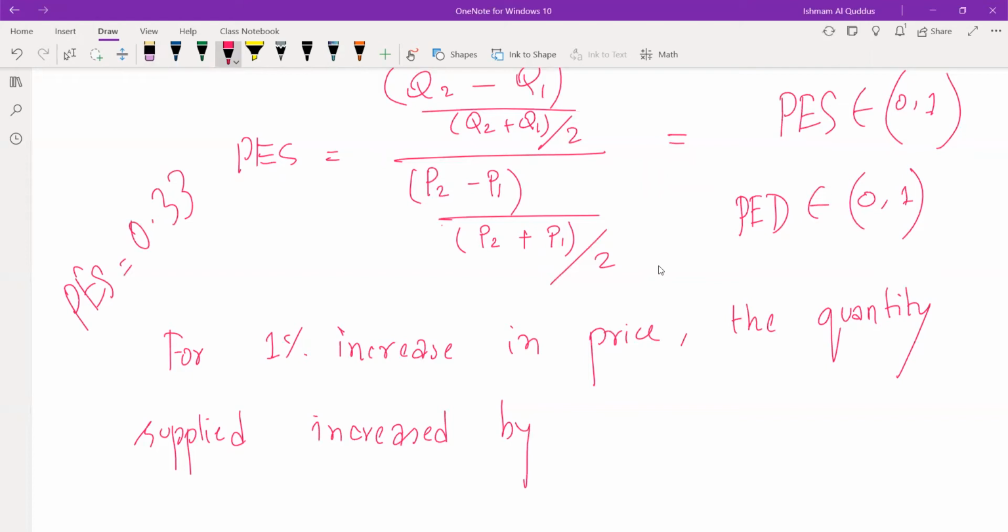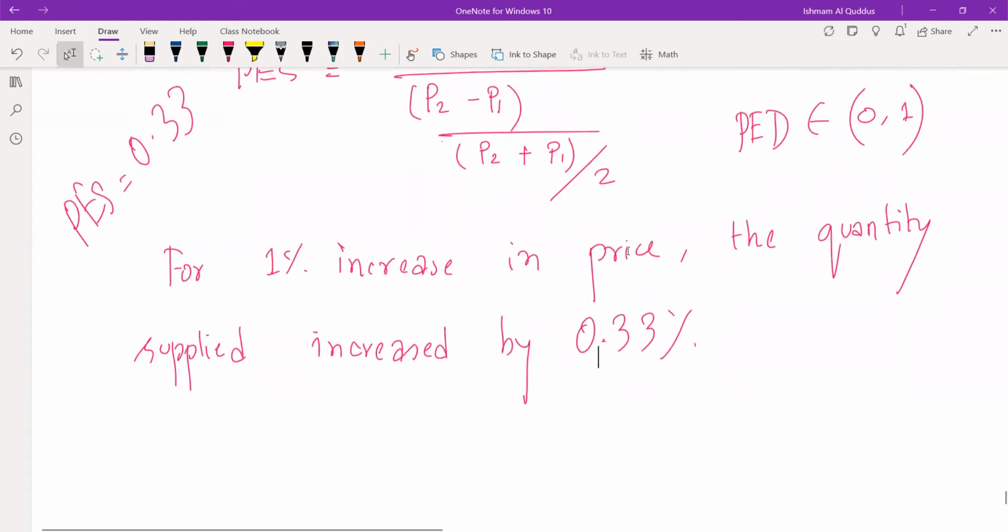Okay, so increased by 0.33%. So if PES is 0.5, then for a 1% increase in price, the quantity supplied increases by 0.5%.